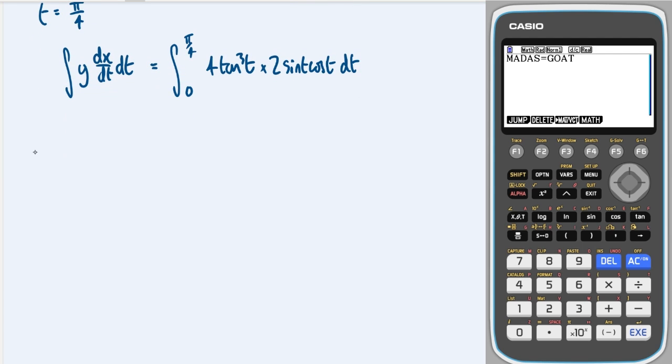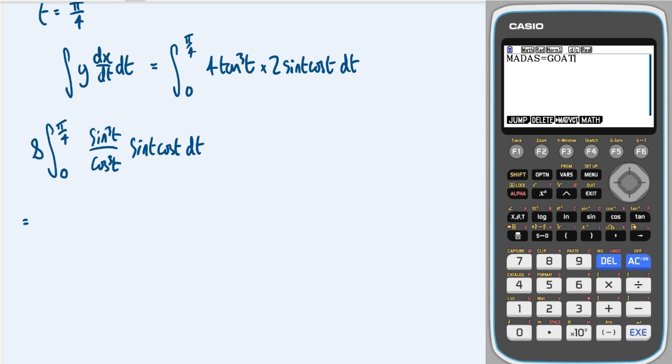Okay, so what I could do is I could take an 8 out, and I can write tan cubed as sine cubed over cos cubed to get it all in terms of sines and coses. Sine t cos t dt.